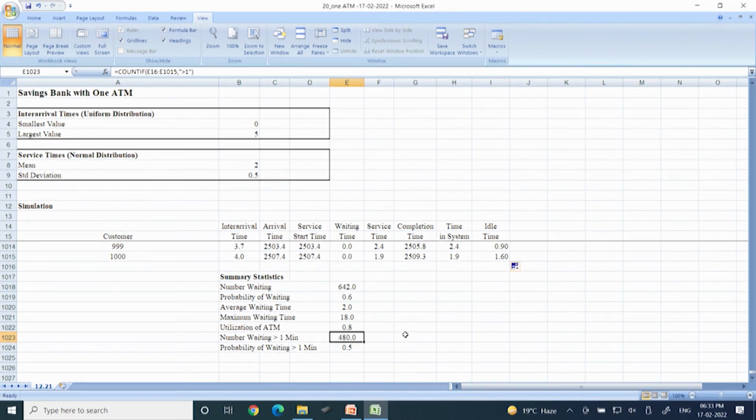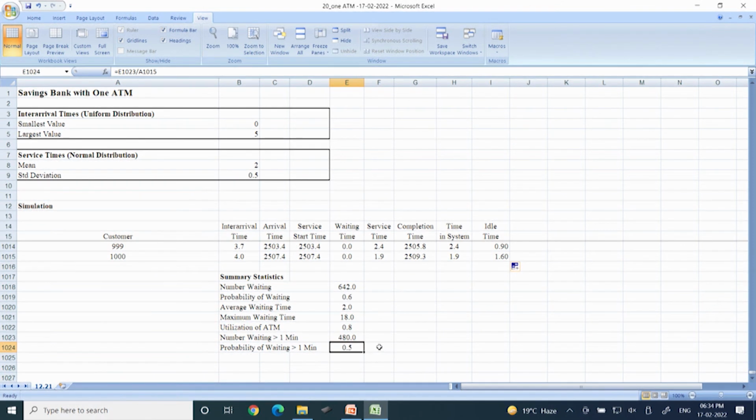Then the probability of waiting for 1 minute is in E1023. What is E1023? The number of people waiting for 1 minute divided by 1000. Here we found the probability of waiting for 1000 customers. In another way also, we can find it: number of people waiting more than 1 minute divided by the total number of people waiting, that is 480.